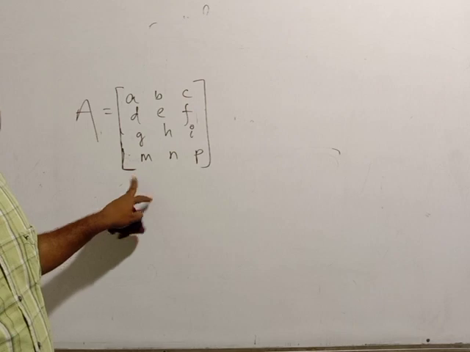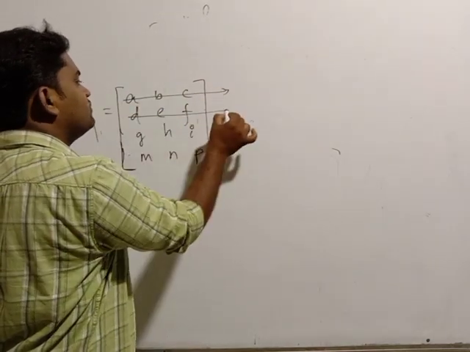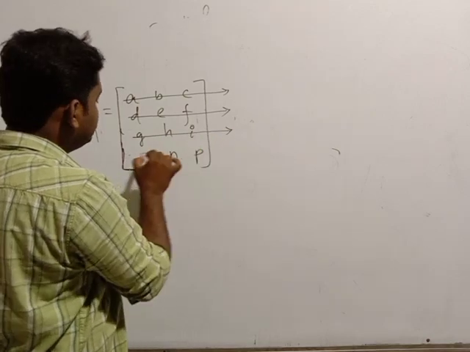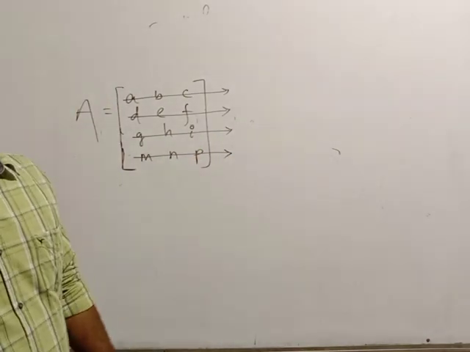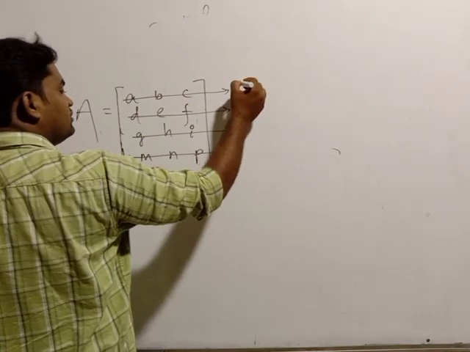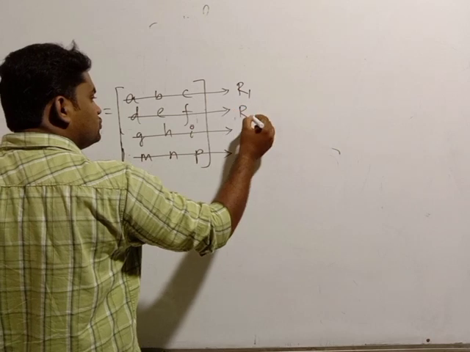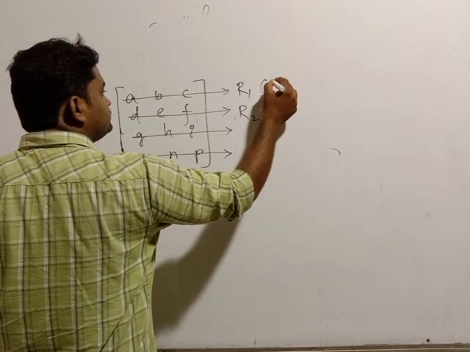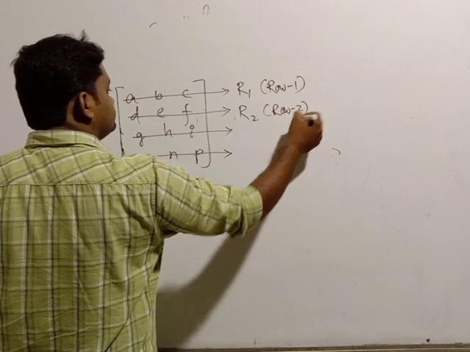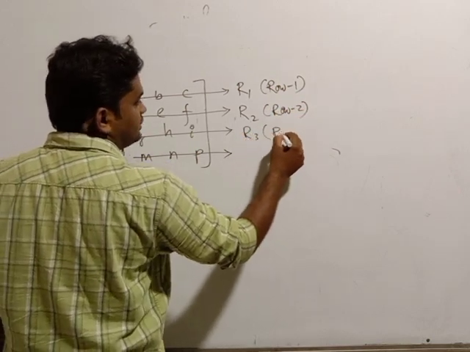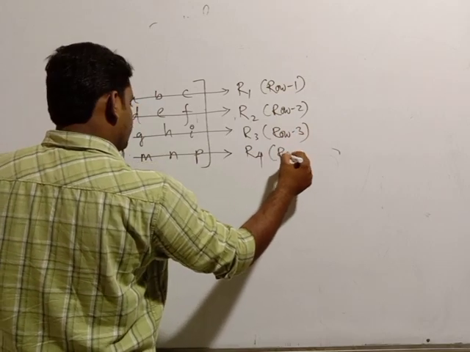In this matrix, there are 1, 2, 3, 4 horizontal lines. That means 4 rows. So this one is called row 1, this one row 2, row 3 and this one row 4.